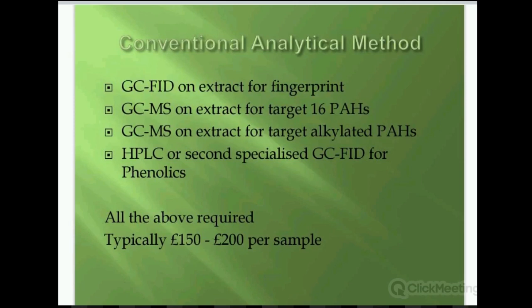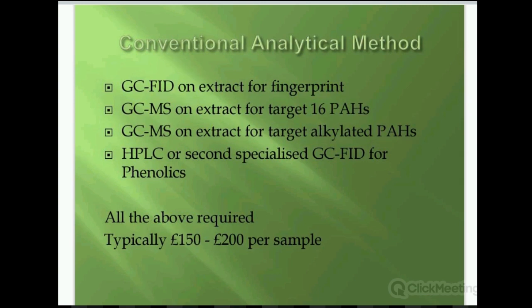But it can be done, but it does require some very expensive analysis. You need GC-FID on the extract for the PRINT. You need GC-MS on the extract for the target 16 polyaromatic hydrocarbons. You also need GC-MS for certain alkylated PAHs. Those are the polyaromatic hydrocarbons that have got chains attached to them. And where those chains are and how long they are is actually key for identifying the difference between bitumens and coal tars.